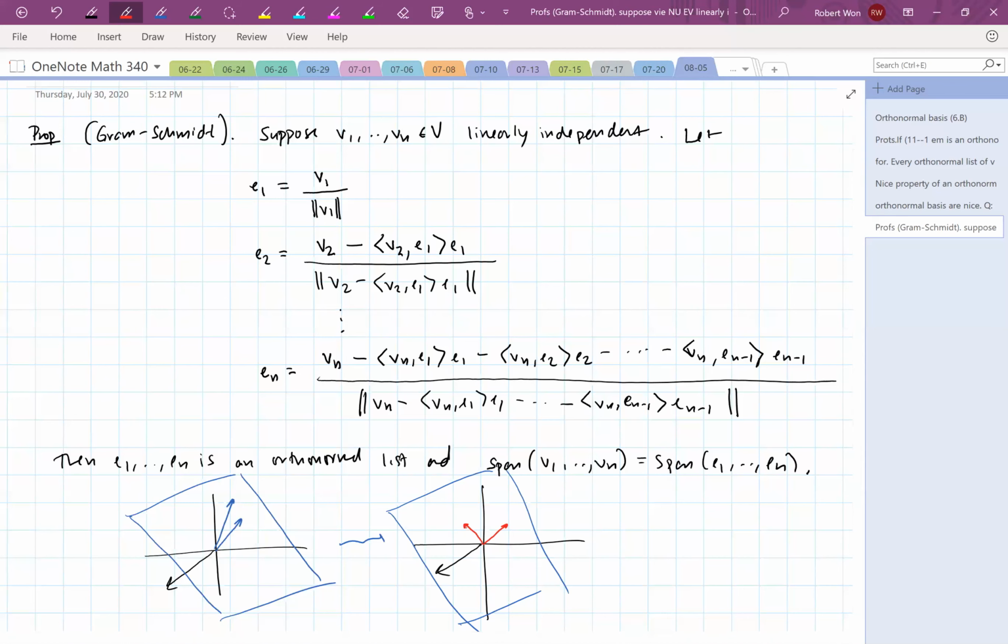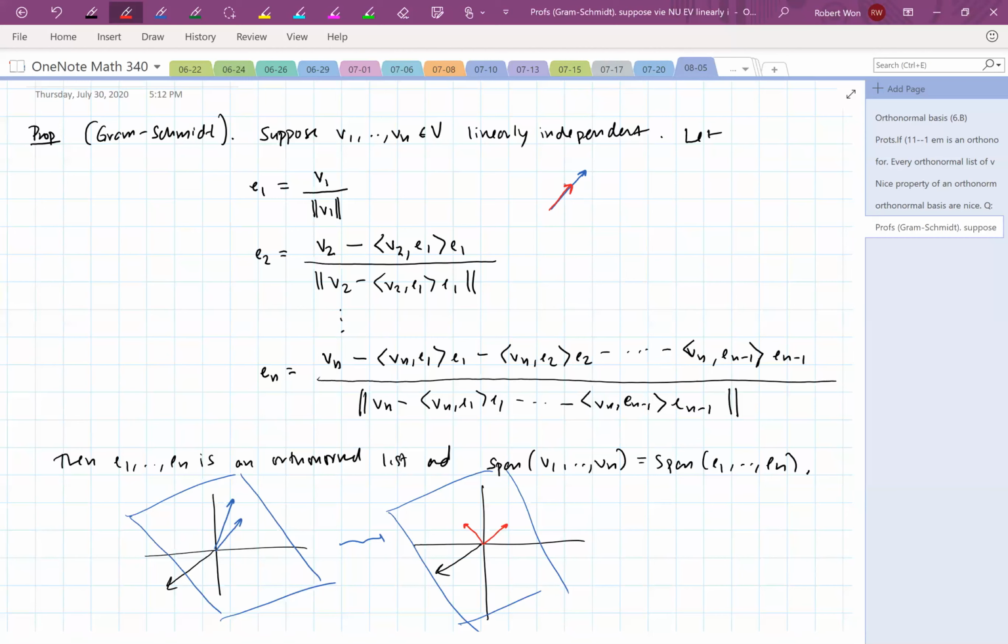Okay, now let me try to explain exactly what you should imagine is happening here. At this first stage, you had V1, and instead you scaled it to make it have length 1. I wonder how well I can draw this picture.